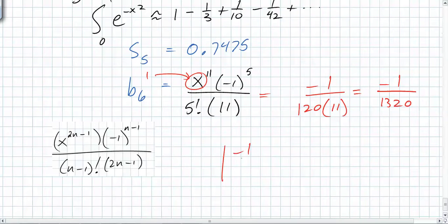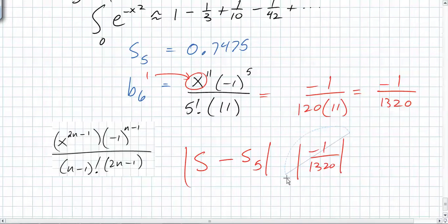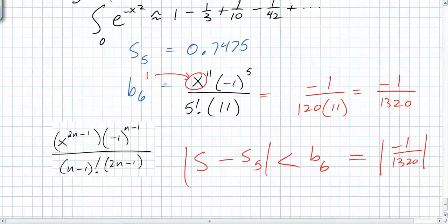So we know that this right here, 1 over 1320, has to be the error bound. Sorry, excuse me. Write this here. The actual sum minus S5 has to be less than B6, which is equal to that right there. So what do we know? This right here represents our error bound, right? Our error bound.